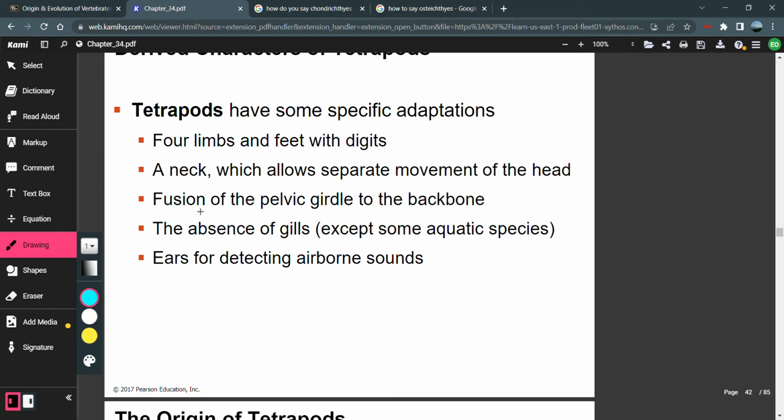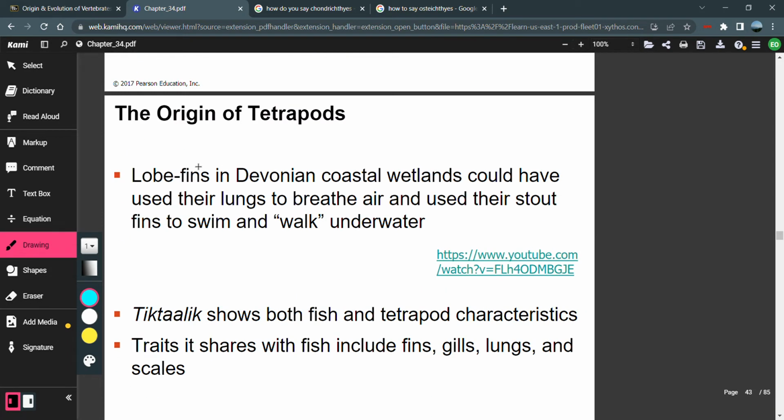Have you ever seen the pelvis? There's all those different types of bones. Well, in the pelvic girdle, all those bones fused into one major bone, which allowed organisms to jump, distribute weight, and be more mobile in terrestrial habitats, and ears for detecting airborne sounds.